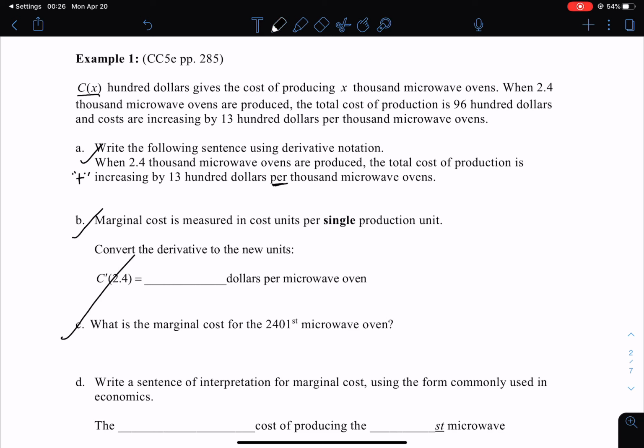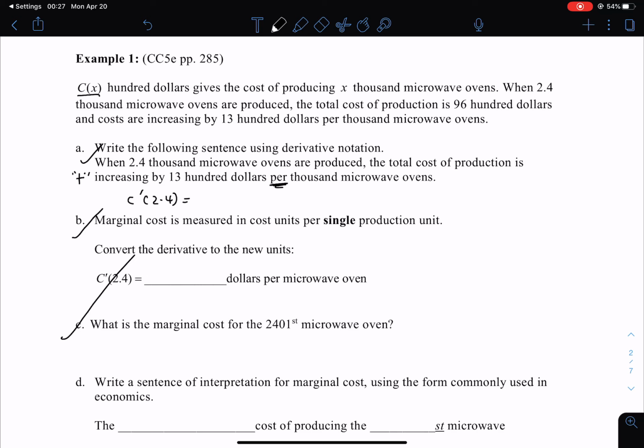So we know the per tells us, all right, this is the derivative. So the function is C of x. And because this is a derivative function, we have to use C prime of something. What is the something? It's given here. 2.4 thousand microwave ovens. So just C prime of 2.4.